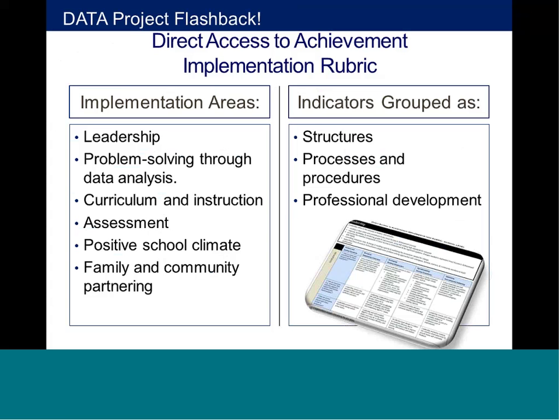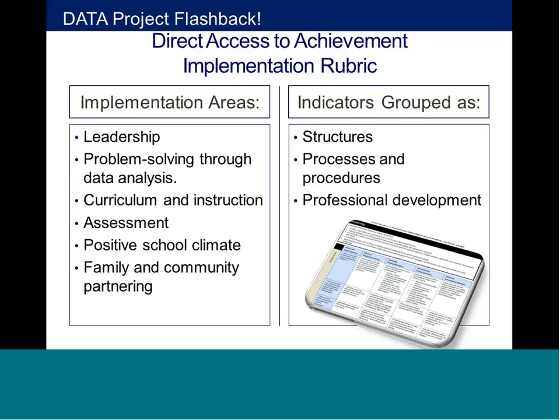So the implementation rubric has six implementation areas: leadership, problem solving through data analysis, curriculum and instruction, assessment, positive school climate, and family and community partnering. And what's neat about this is you have very specific examples, like any rubric would have, of what each of these different implementation areas looks like.